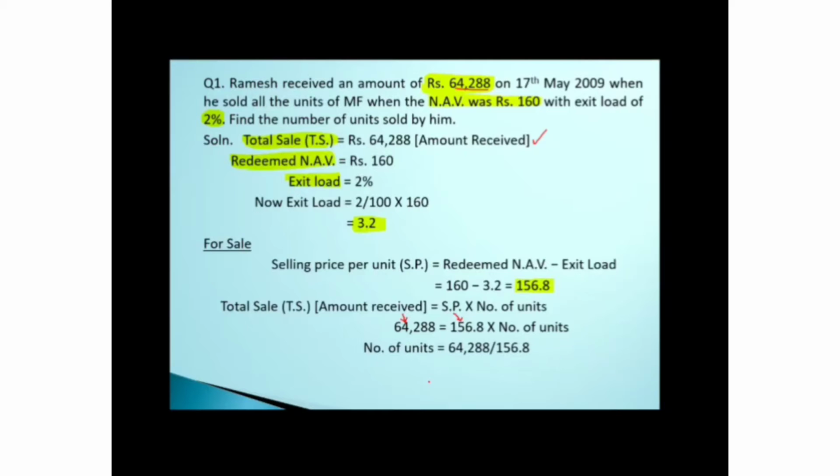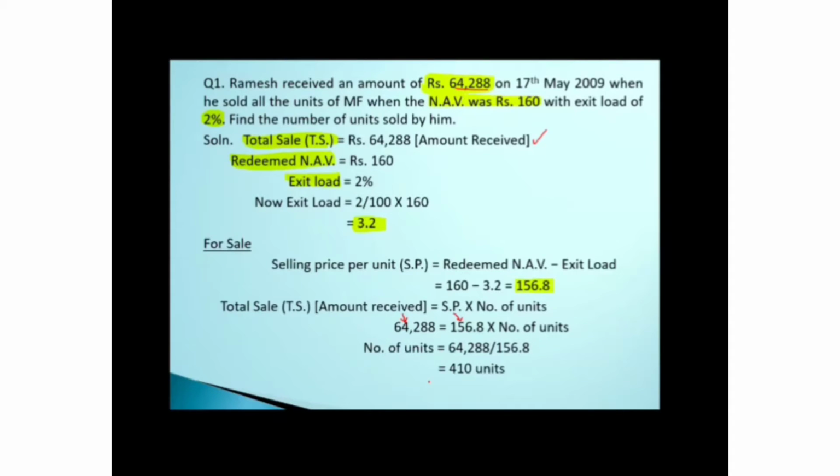Finally, the number of units will be the ratio of 64,288 divided by 156.8. Just check the answer that you are getting. The answer over here is coming to be 410 units. Let me check what answer all of you are getting.